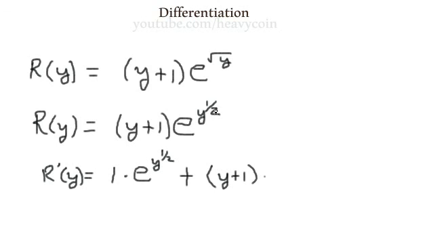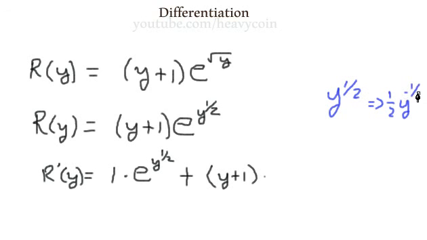So that means I'm going to take the derivative of the exponent and bring it out front. I'm going to do some side work over here. y to the half. We're asked to take the derivative of this. So we're going to take the half out front and then subtract 1 from the exponent.